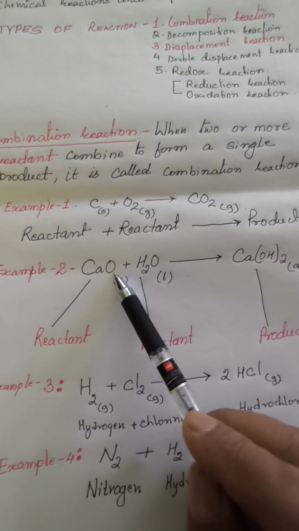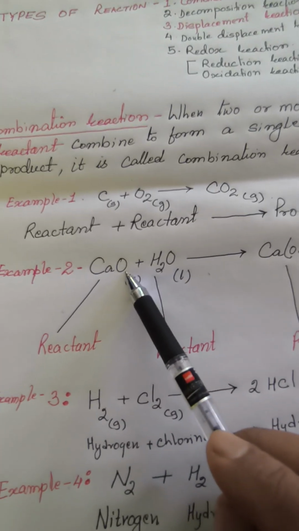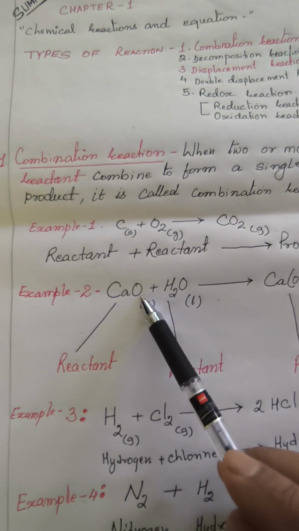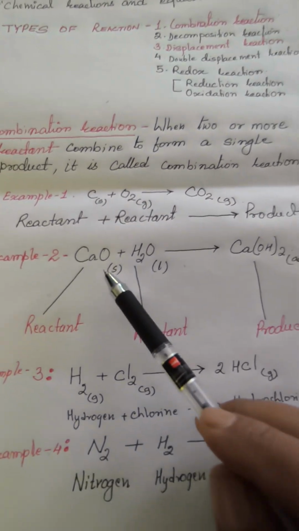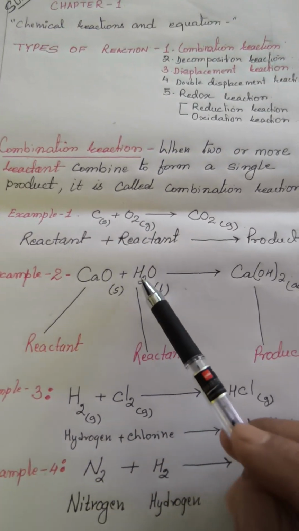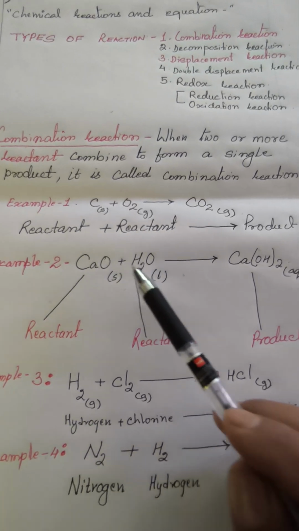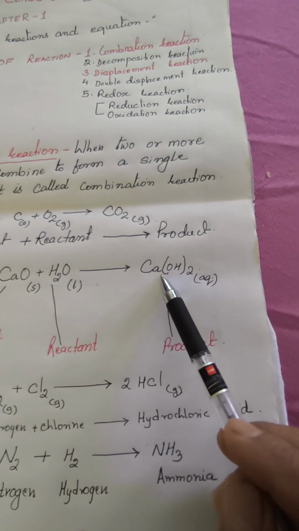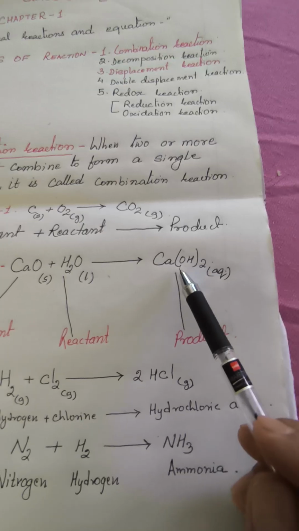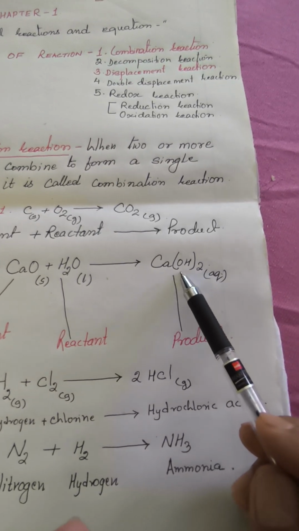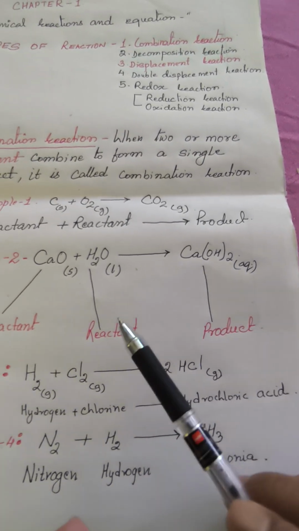It is found in powder or in the form of granules also. When water, H2O, is added to the calcium oxide, calcium hydroxide is formed, Ca(OH)2. This is the product, calcium hydroxide.